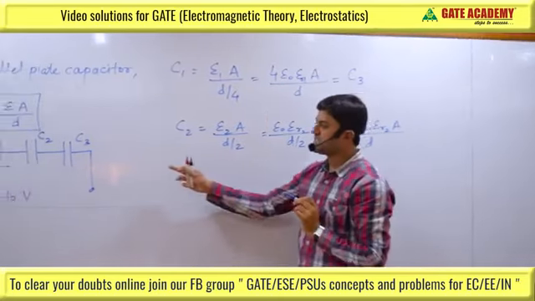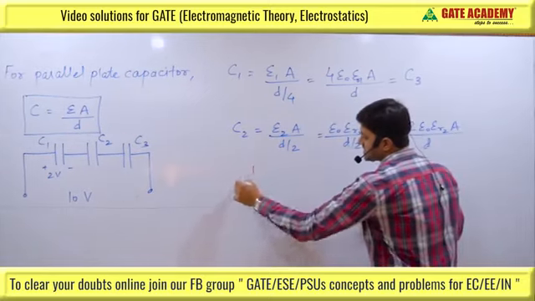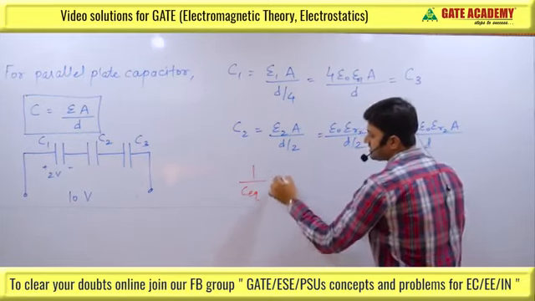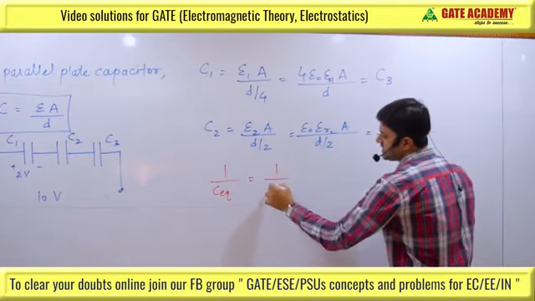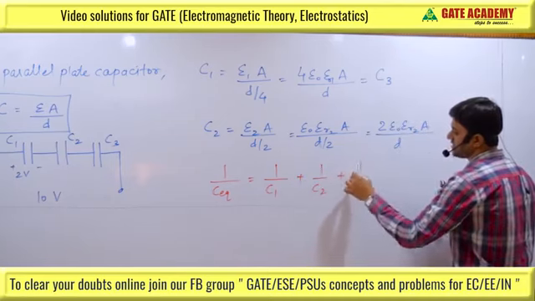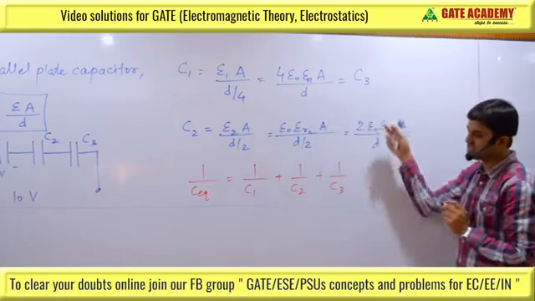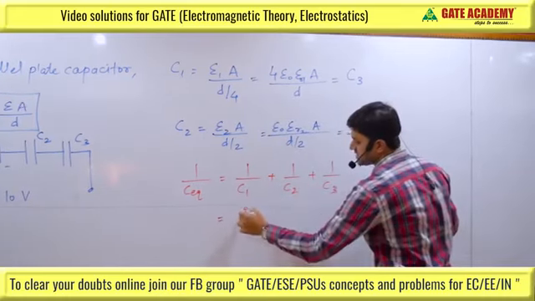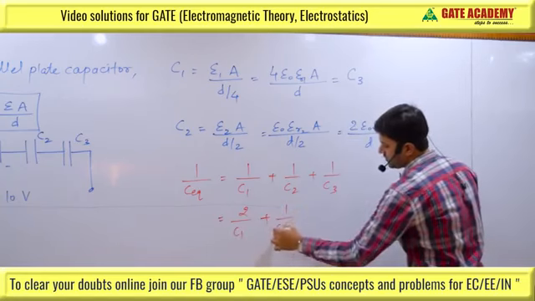Now these capacitances are connected in series, hence the total capacitance is given by 1 upon C equivalent equals 1 upon C1 plus 1 upon C2 plus 1 upon C3. Since C1 and C3 are the same, this can be written as 2 upon C1 plus 1 upon C2.